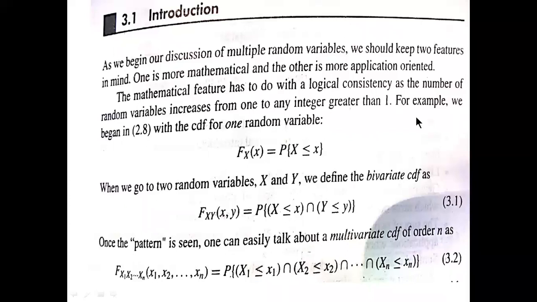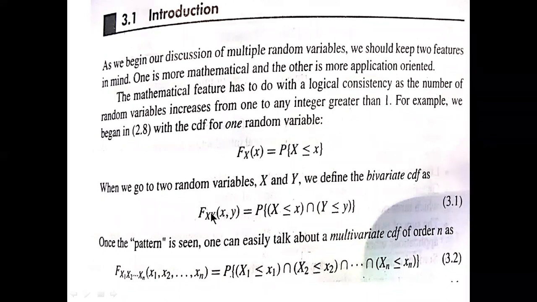For example, when we consider one random variable, the CDF, the cumulative distribution function, is written like this: F_X(x) equal to P(X less than or equal to x). When we go for two random variables, now we have X and Y. Earlier we had only X. So in place of capital X, you will have capital XY, and in place of small x, you will have small x comma small y.